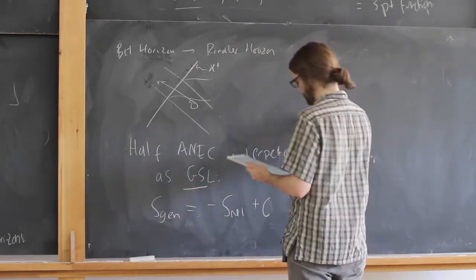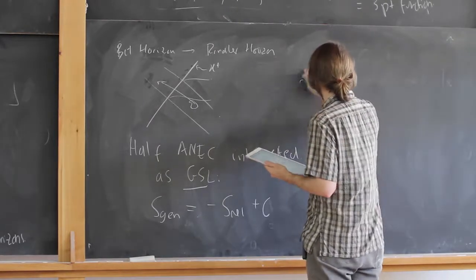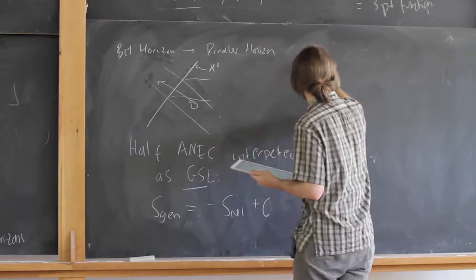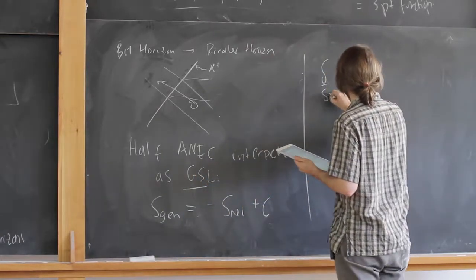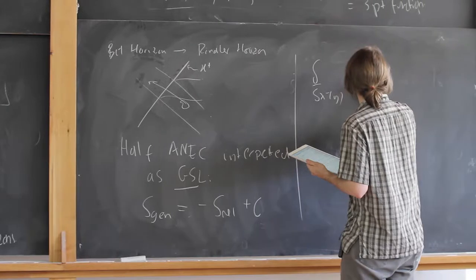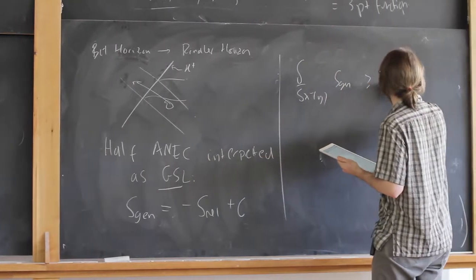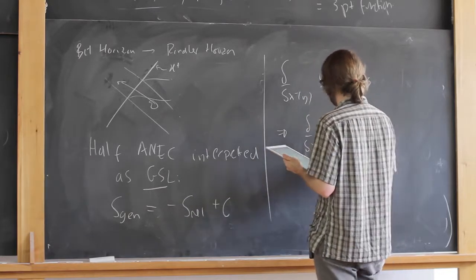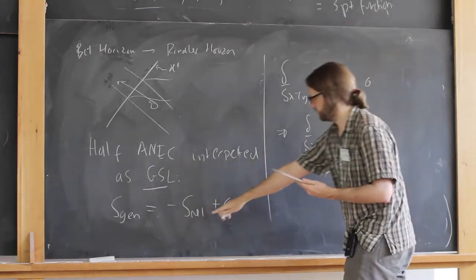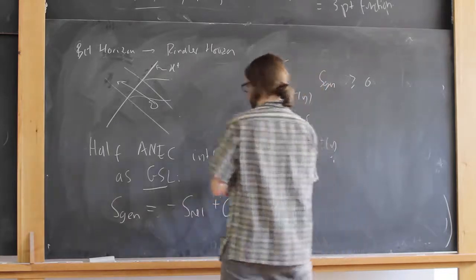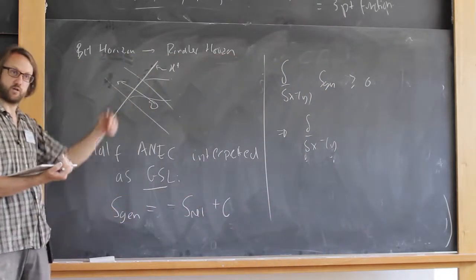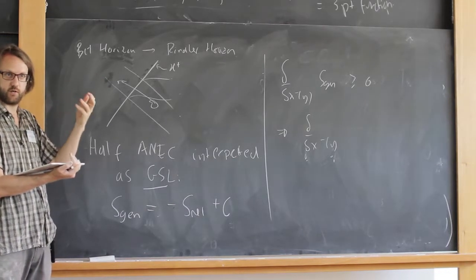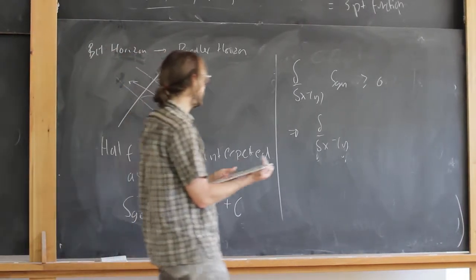Then you apply the generalized second law for small perturbations, greater than 0, and that just becomes the monotonicity of relative entropy. There's a minus sign here because the generalized entropy should increase, but the relative entropy should decrease because the state becomes less distinguishable from the vacuum.